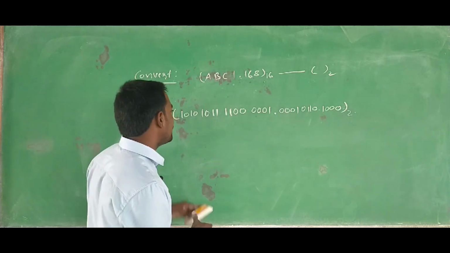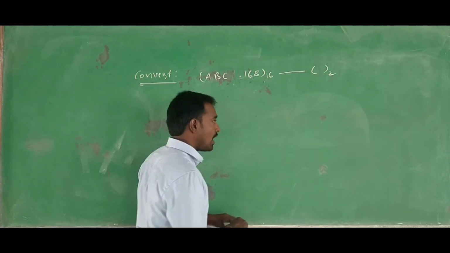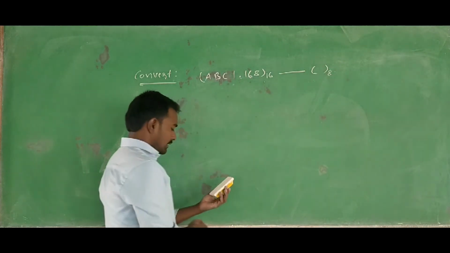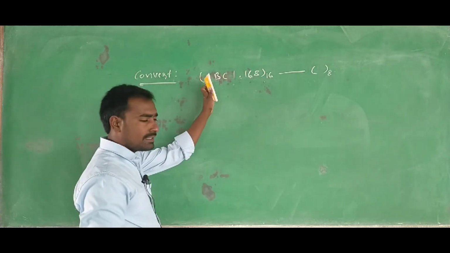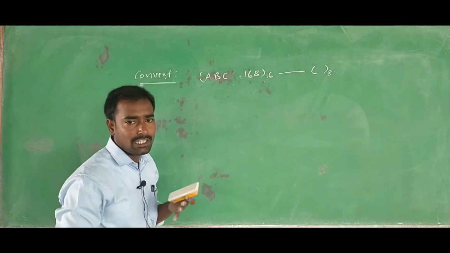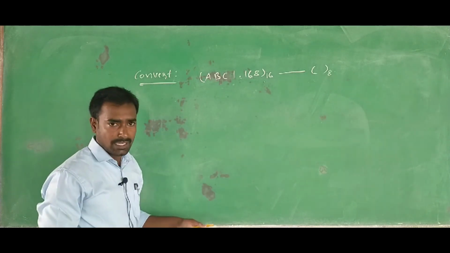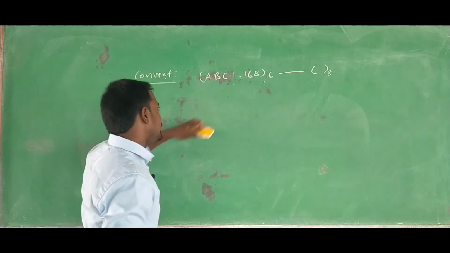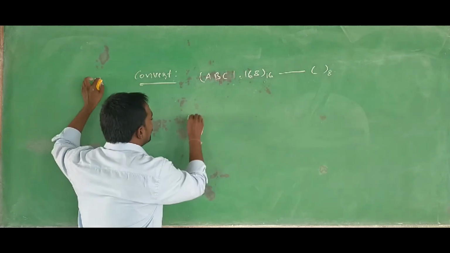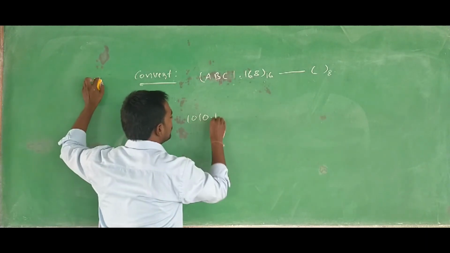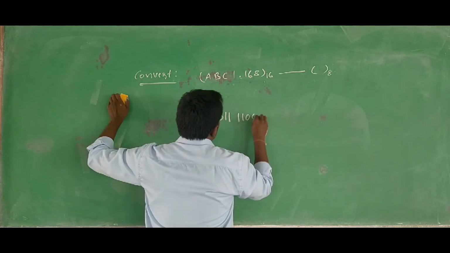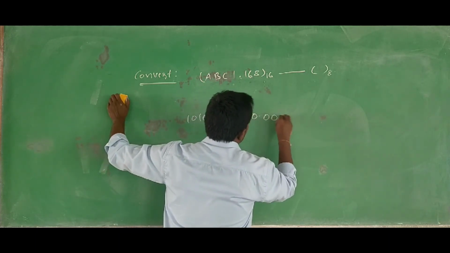And the next conversion, we have the octal numbers having the base of 8. See, when converting this hexadecimal number into the octal number, we have to take 3 equivalent binary digits. Here A is equal to 1010 in binary, B is equal to 1011, C is equal to 1100, and 1 is equal to 0001.